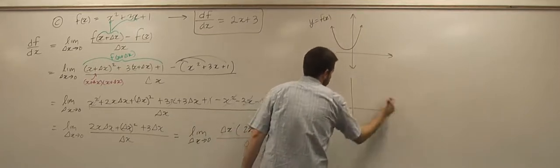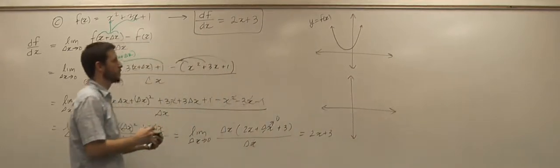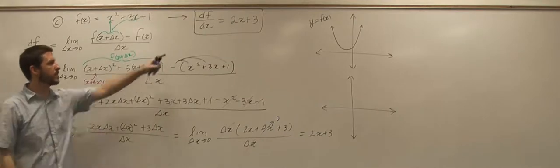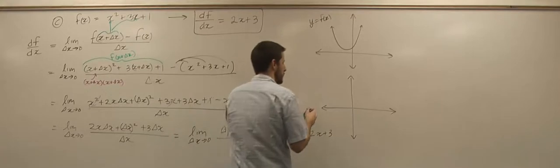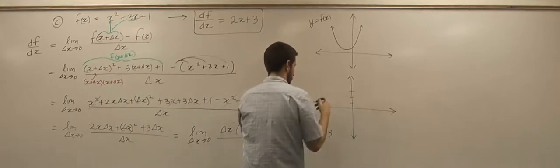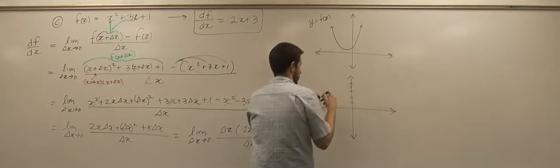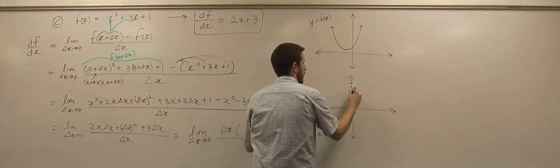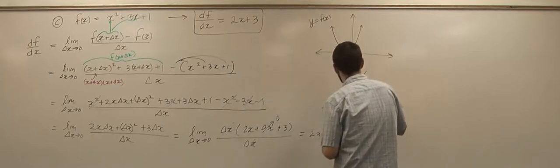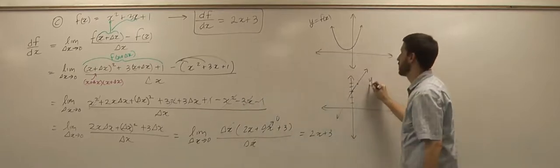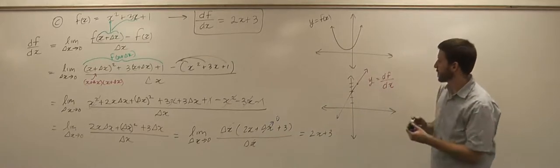What though does the derivative look like, and what does that mean? What's this guy look like? It's a line, right? Going through 3 with slope 2. So you go through 3 on the y-axis, up 2 over 1. So this is your derivative function.